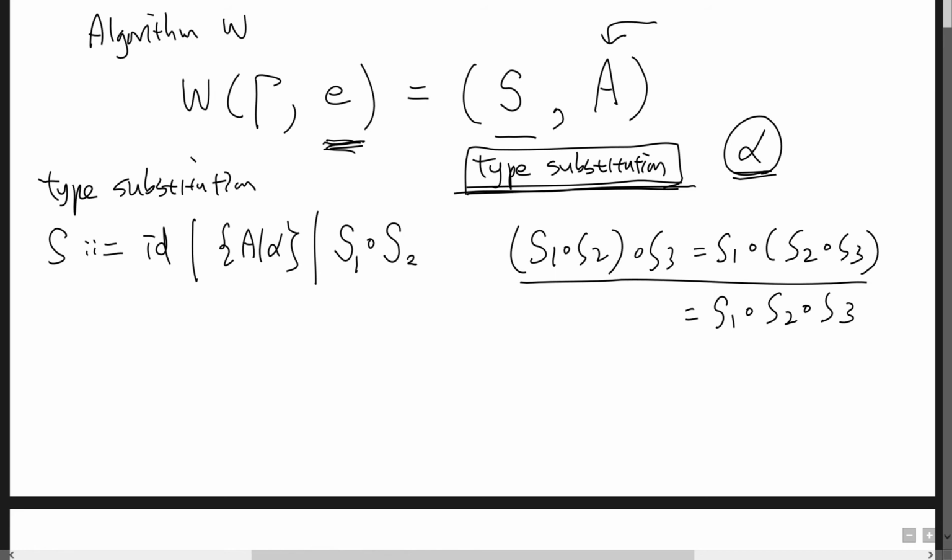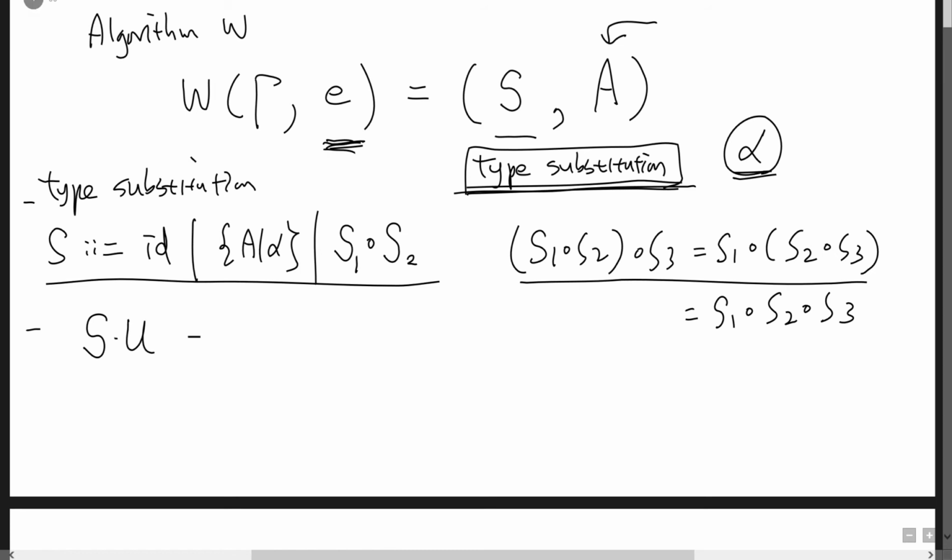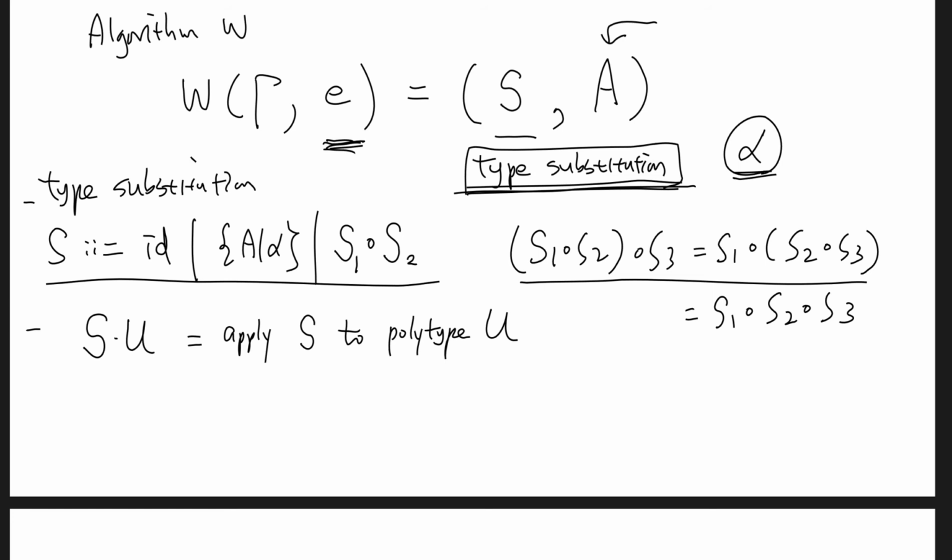Now let's formally define operations using type substitution. Basically, we'd like to apply this type substitution S to U. So this is applying type substitution S to polytype U. And let's see the actual definition.